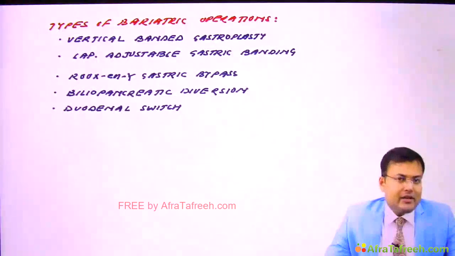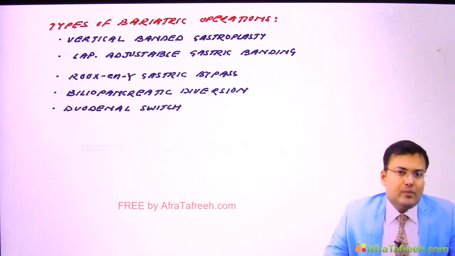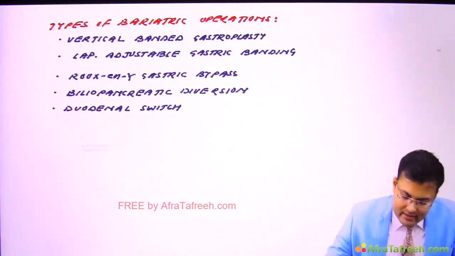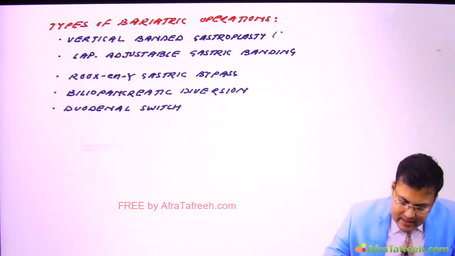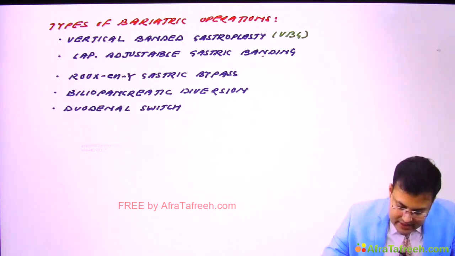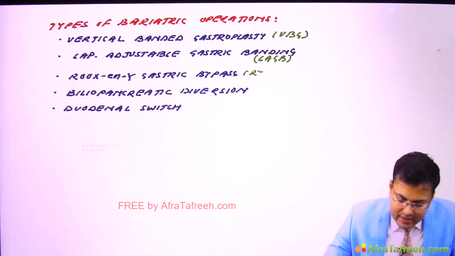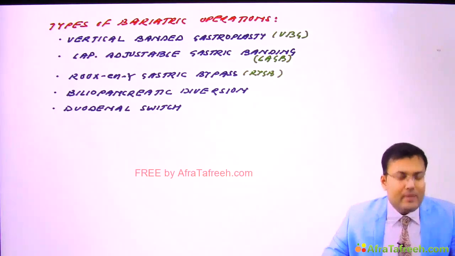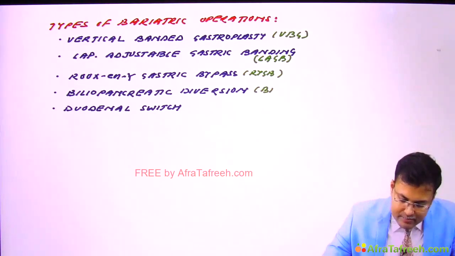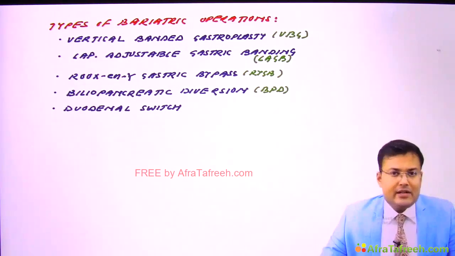The types are vertical banded gastroplasty, in short VBG, and laparoscopic adjustable gastric banding, known as LAGB. There is Roux-en-Y gastric bypass, known as RYGB. Biliopancreatic diversion, in short BPD, and there is duodenal switch. So these are the types of bariatric operations.